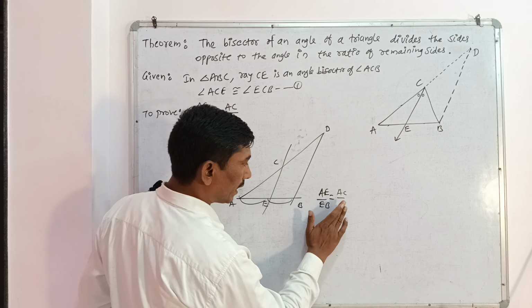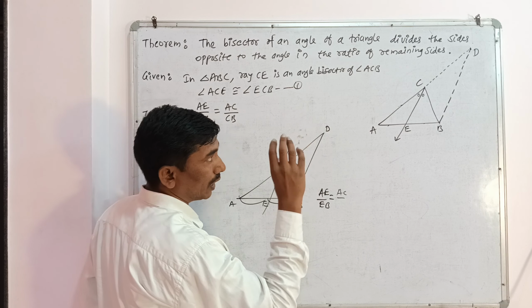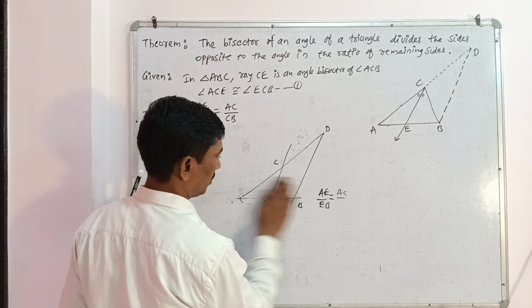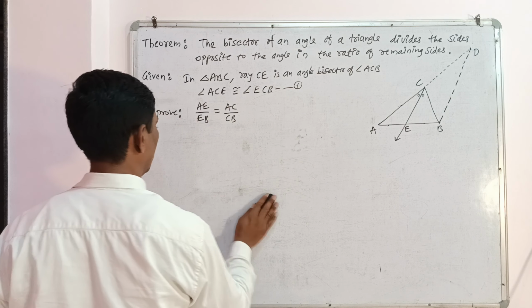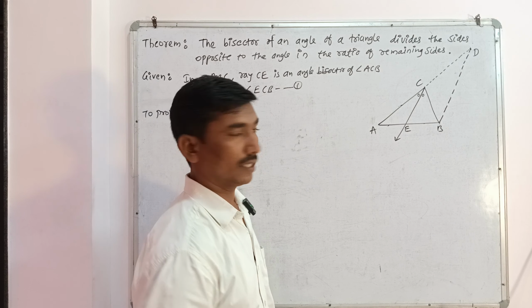So to make CB here, we have to understand from the figure what we shall do. You will come to know further when you go through this theorem, how easy it actually was.